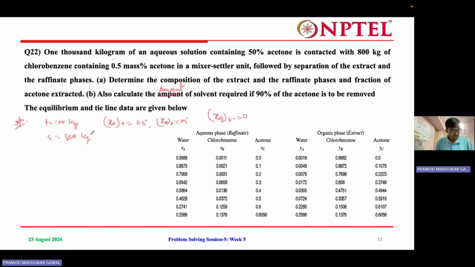In the solvent stream, given 0.5 mass percent. So yc in the solvent stream is 0.005. So you'll get the yb, 1 minus this. So it's 0.995, right?